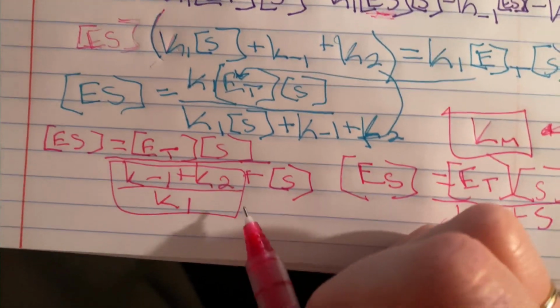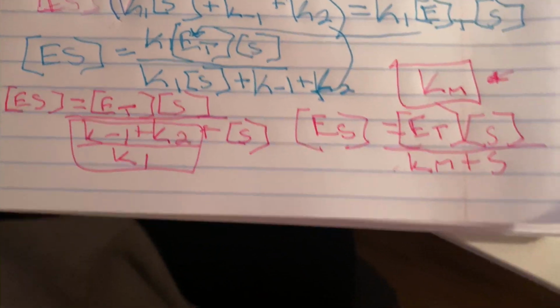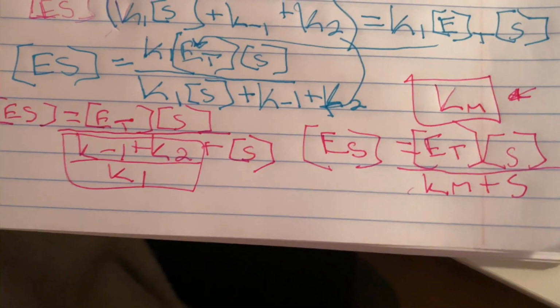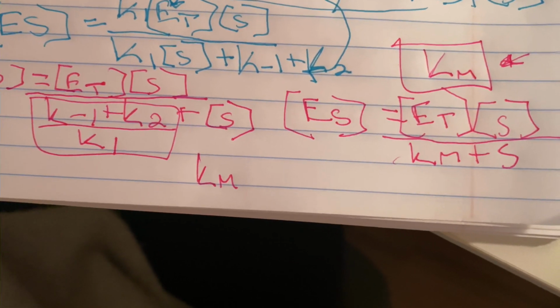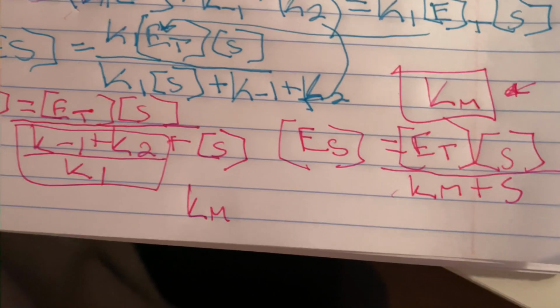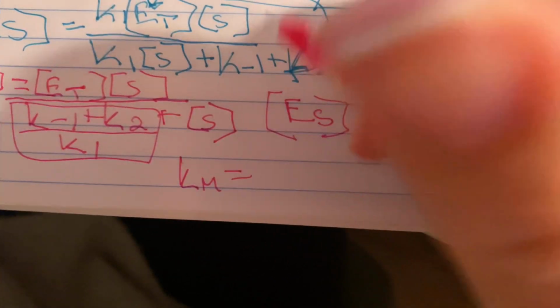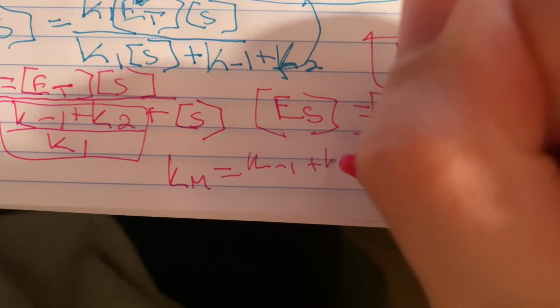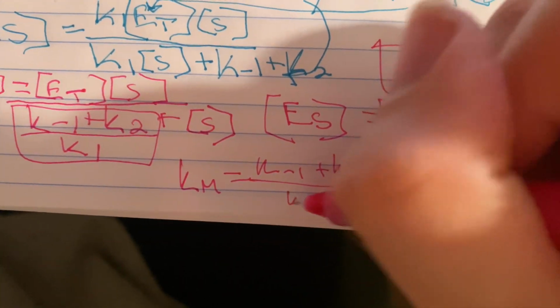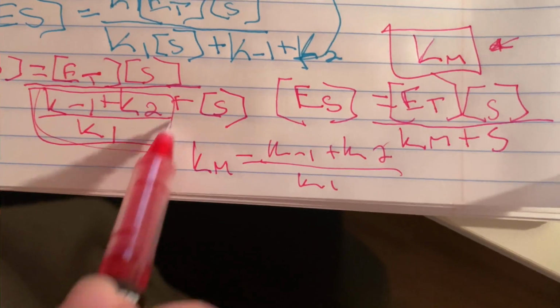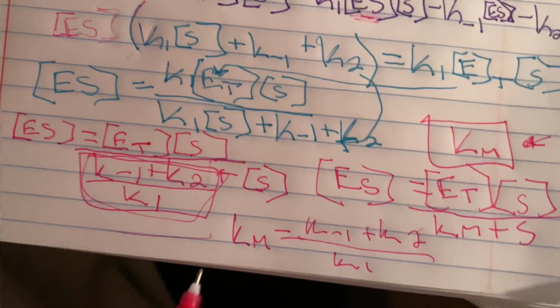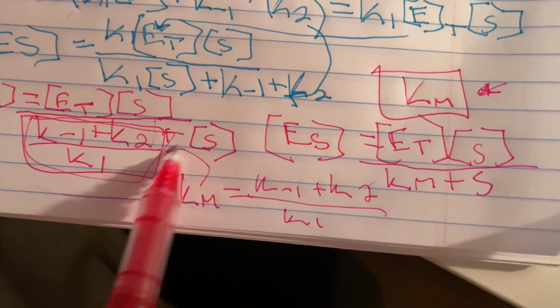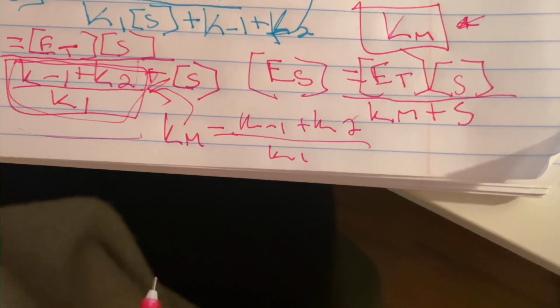All right, so if you see on the presentation, you do see an equation that is Km, which is the Michaelis-Menten constant. It's equal to K minus 1 plus K2 over K1, which is why we arrange everything to fit this equation so that we can fit in the Km in this portion right over here.